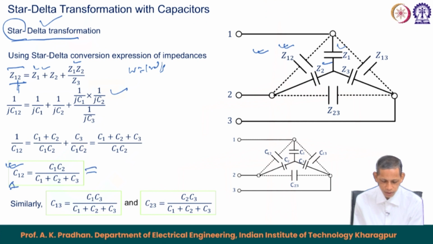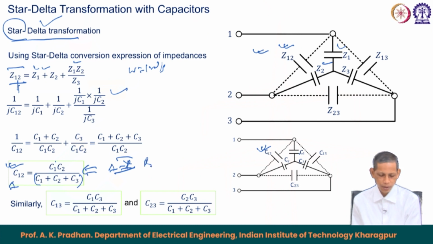What this reveals is that the delta circuit C12 is C1 into C2 of the star upon the sum of the capacitances of the star. This is similar to the transformation we carried out in the case of resistance or impedance.